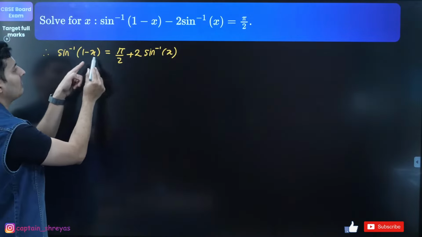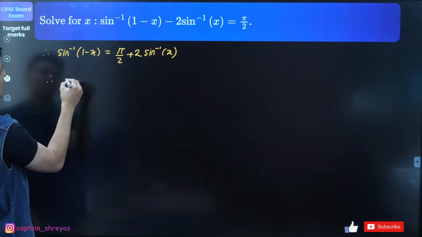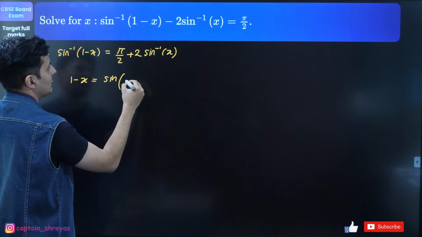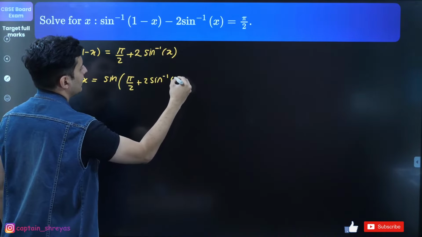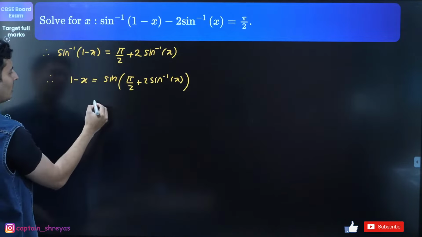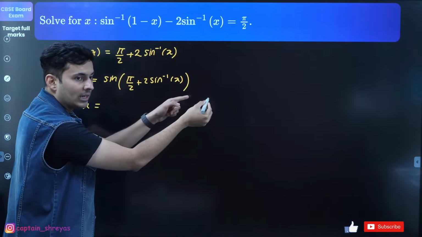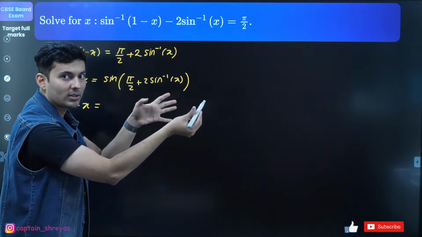Now sine inverse of this is this, so sine of this guy will be 1 minus x. So therefore 1 minus x will be sine of pi by 2 plus 2 sine inverse x. Now what is basically sine of pi by 2 plus theta? Second quadrant, sine pi by 2 plus something will become cos of that value.